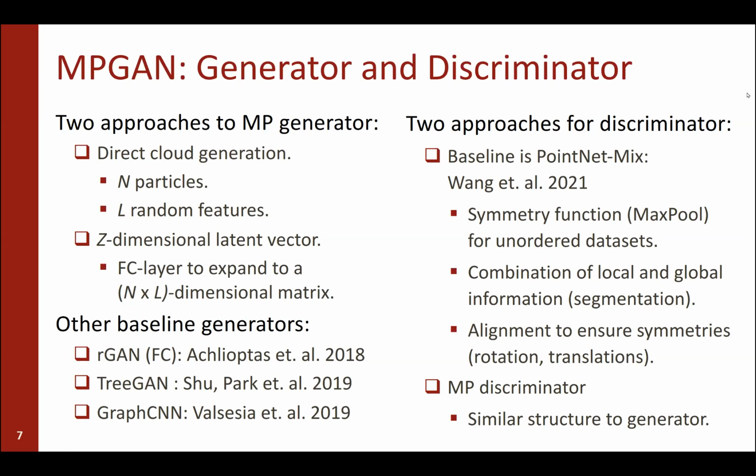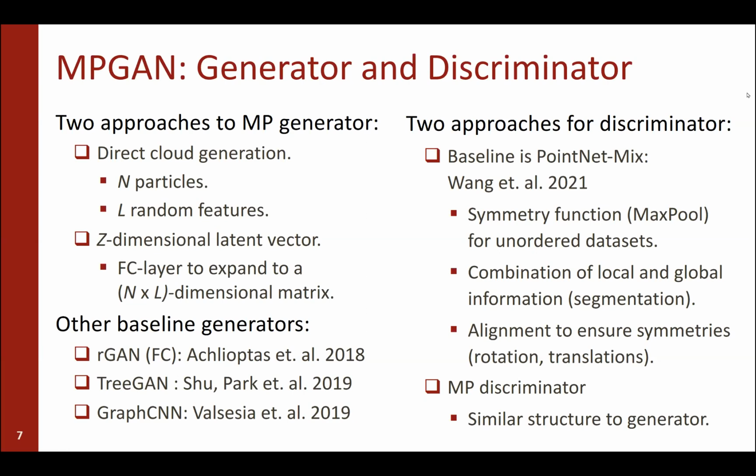For the discriminator, on the other hand, we take as baseline the PointNet-Mix approach, which has a symmetry function in order to take care of the fact that the data set is unordered. It does some segmentation in order to combine local and global information. And then it has special characteristics that help ensure the symmetries. For instance, the particle cloud that represents a jet has to be invariant by rotation and translations.